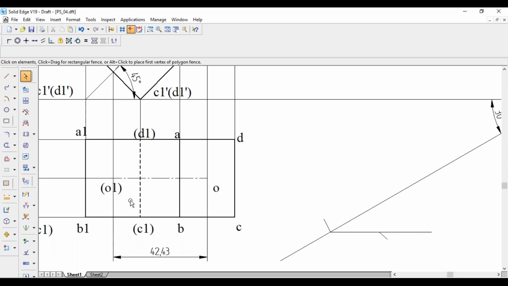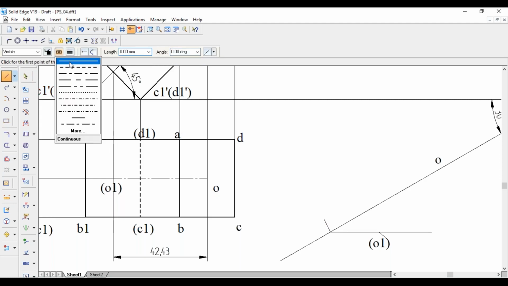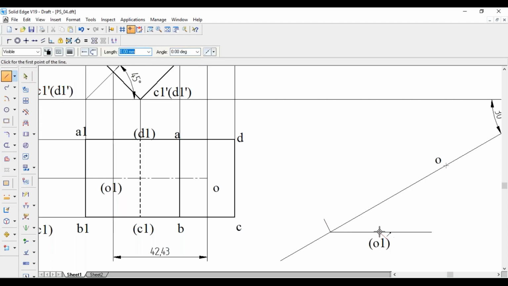Now, this one will be O1, whereas the center is O. Join O1 with the axis line only. We have drawn the axis, that is O1 we have drawn.